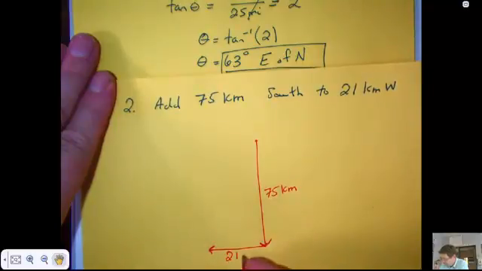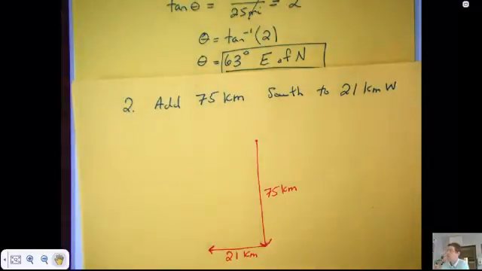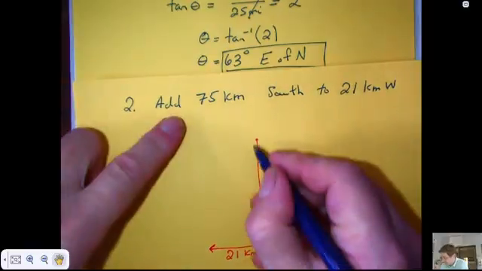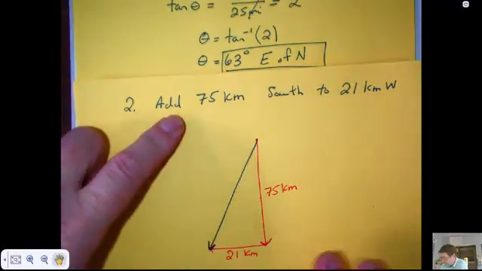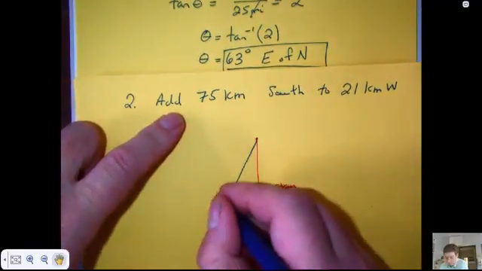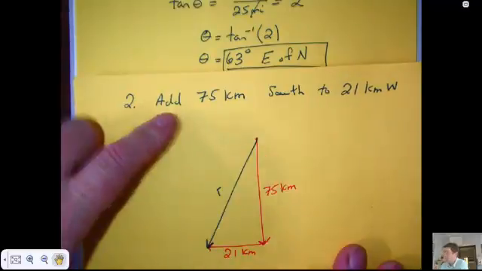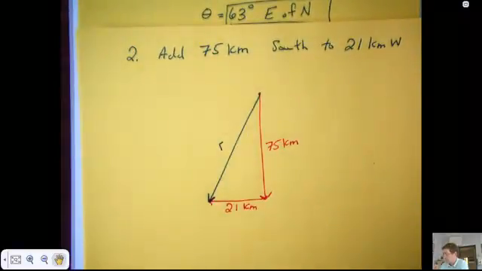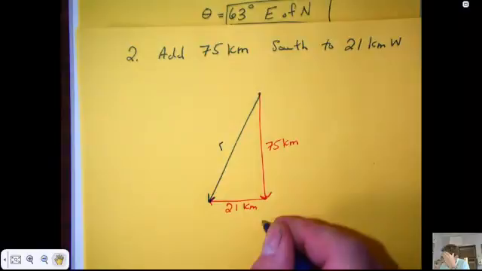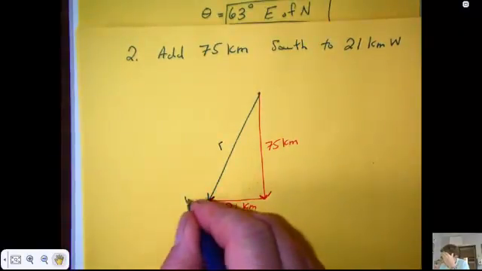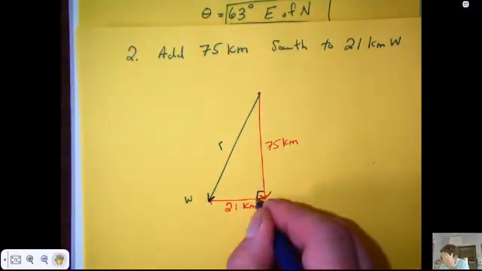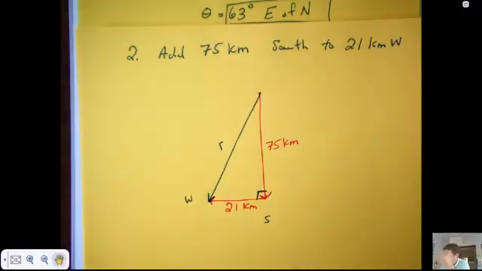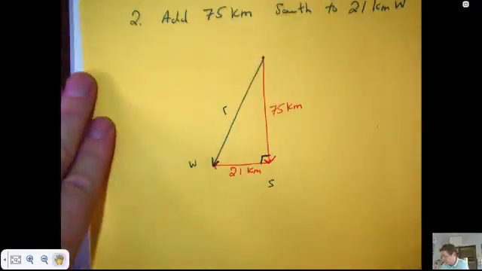Always label. Okay, so this is my resultant. We know that since this is south and this is west, this has to be a right angle. So how do I find what R is?